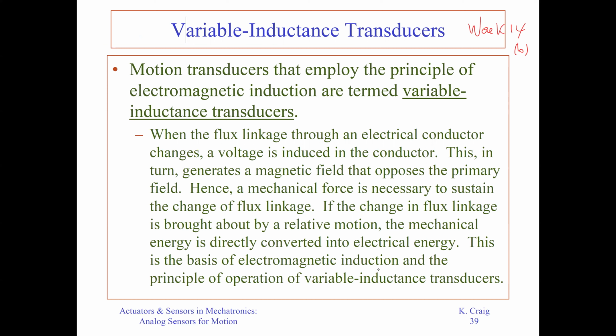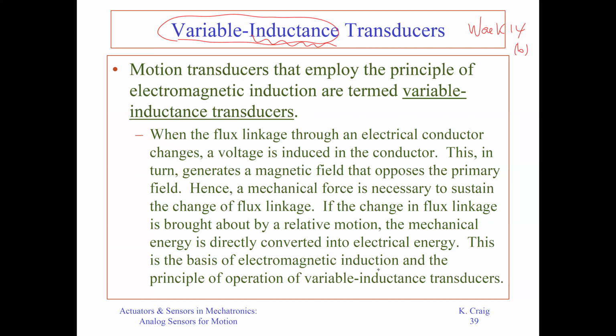One of the important classes of transducers is called variable inductance. Inductance is changing, okay? Remember the inductor? You have a coil, so you know, capacitor, resistor, and inductor. So that's inductance, okay?